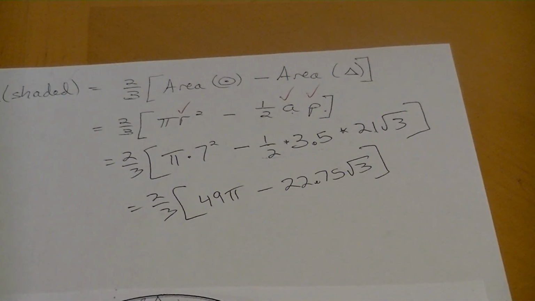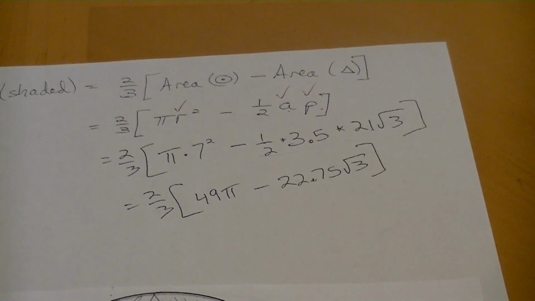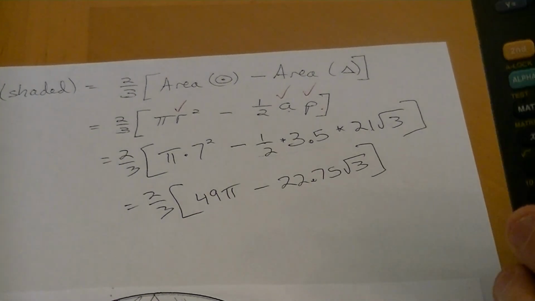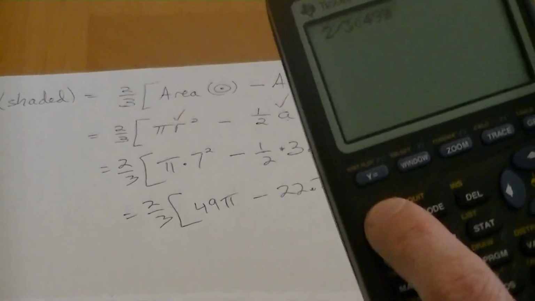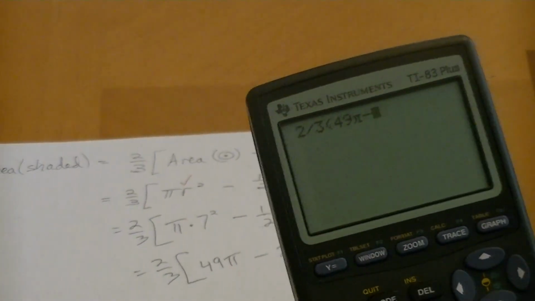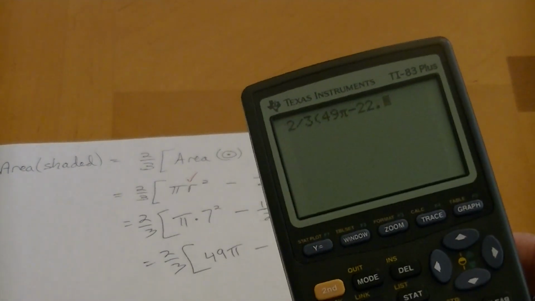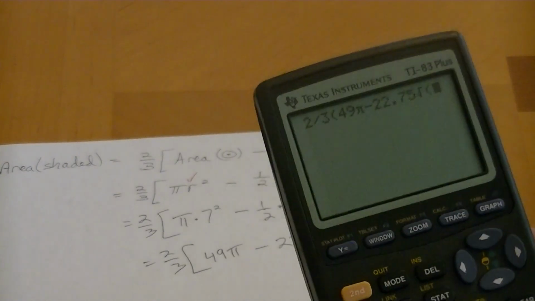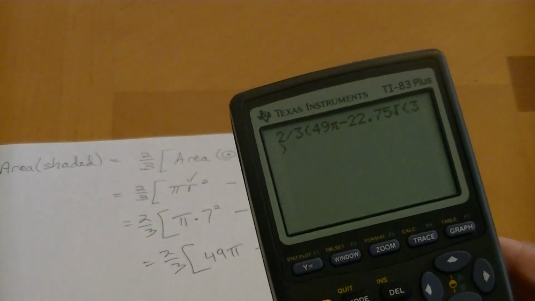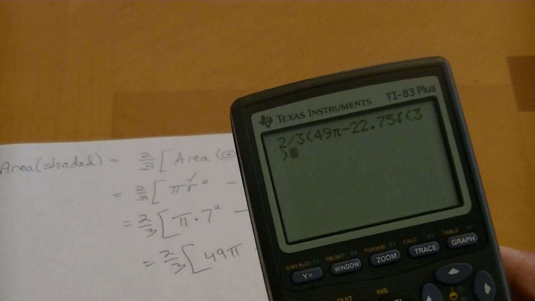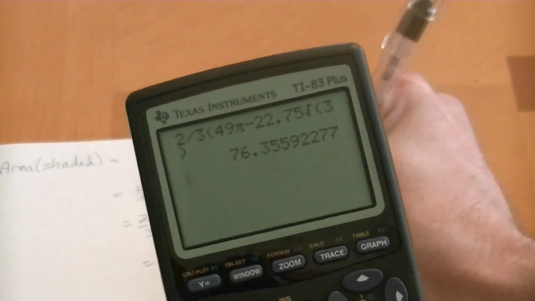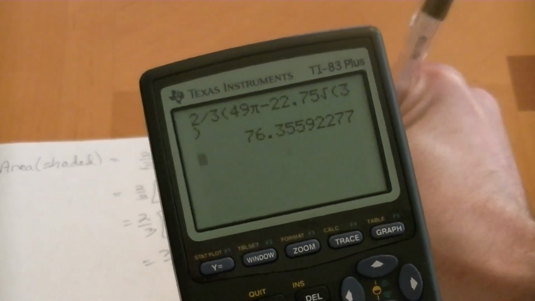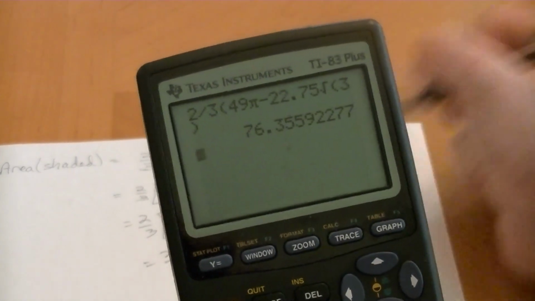All right, so now I'm going to type this into my calculator because I think I said nearest tenths when I first started. So 2/3 parentheses 49 pi minus 22.75 root 3. So 2/3 of the circle minus the triangle, and the answer is 76.4 centimeters squared.